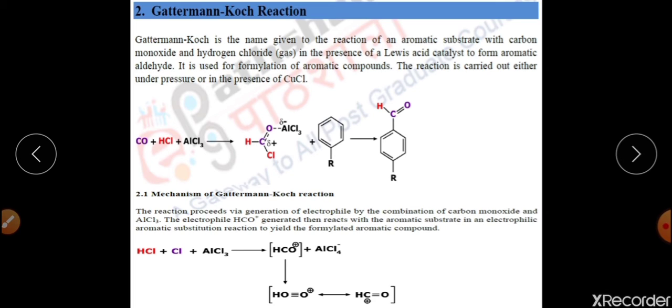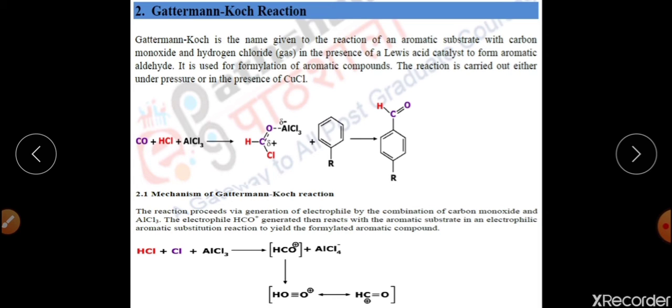The mechanism involved is generally the formation of the electrophile first of all, and the electrophile is generated by the reaction of carbon monoxide with the HCl and AlCl3.